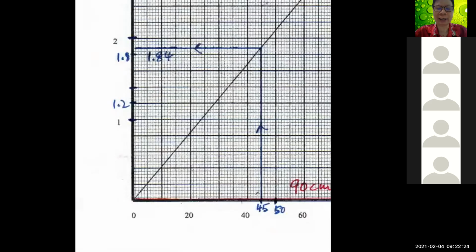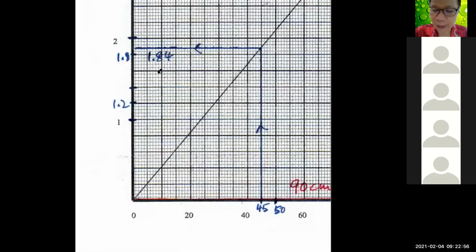Draw a line with a ruler going up until it meets the graph, then draw another line to the left-hand side. In my graph, this value is 1.84, because here is 1, 1.2, 1.4, 1.6, 1.8, so here it becomes 1.84.